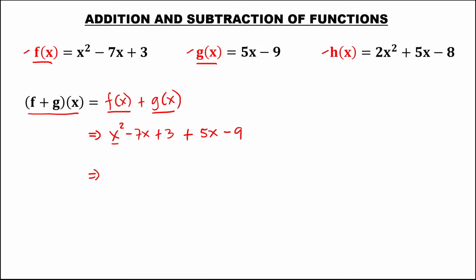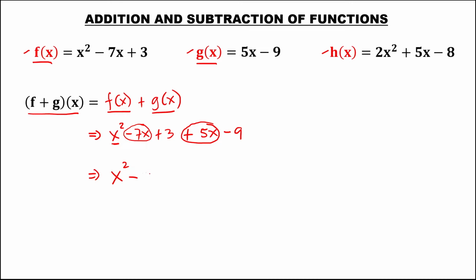So for x squared, just bring down x squared. Then for negative 7x and positive 5x, since different sign, we need to subtract and copy the sign of the bigger number. Since 7 is greater than 5, therefore the sign must be negative.